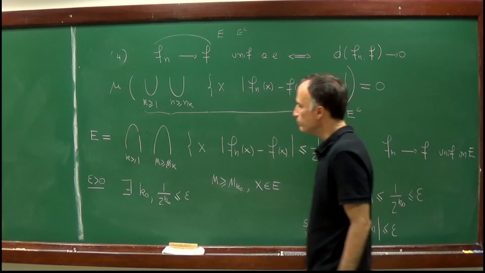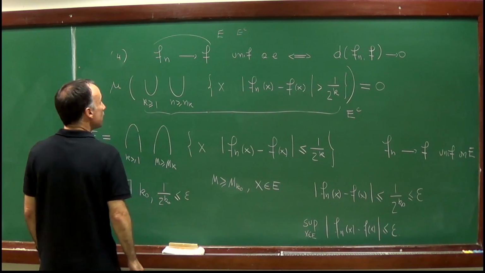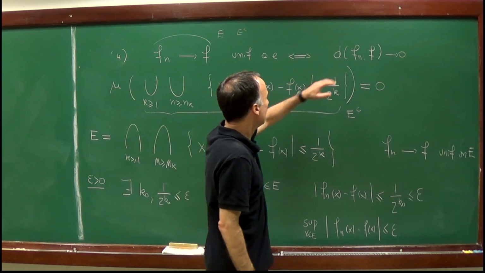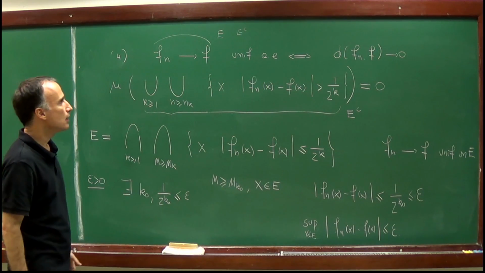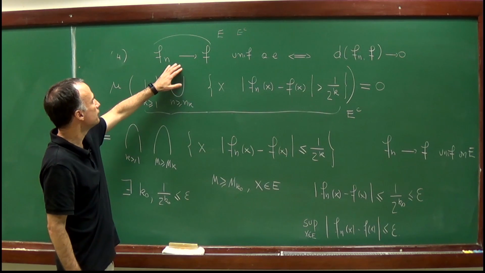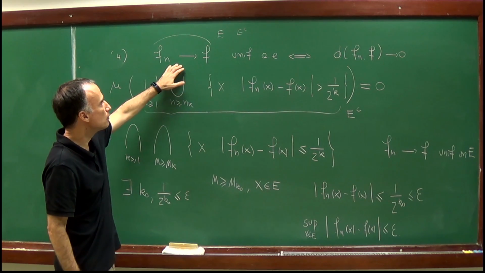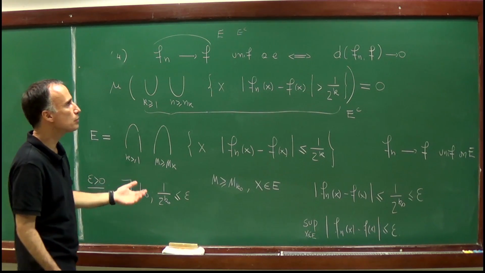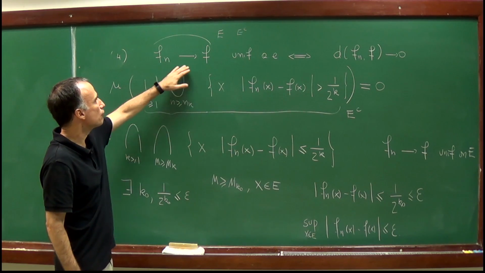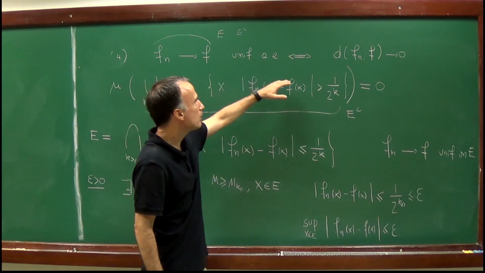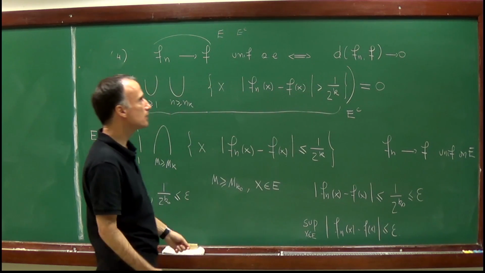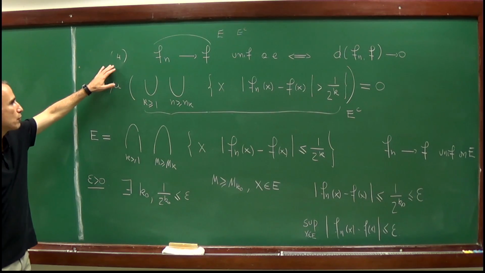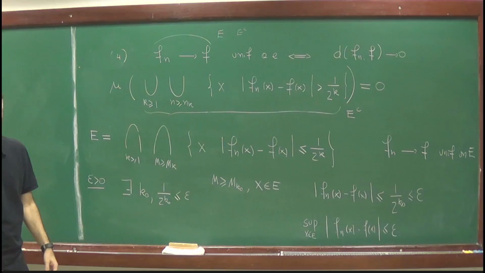So we just proved that this distance corresponds to the topology induced by uniform convergence almost everywhere. In other words, a sequence converges uniformly almost everywhere if and only if the distance converges to 0, and this was our fourth claim.